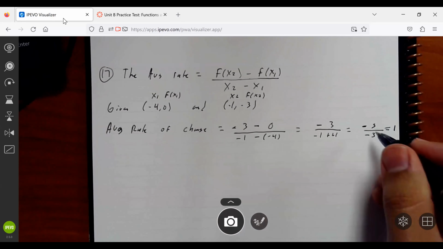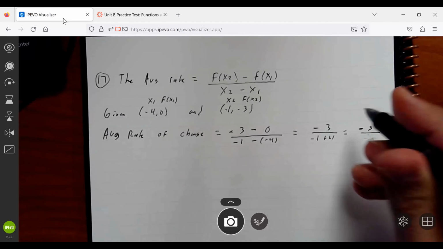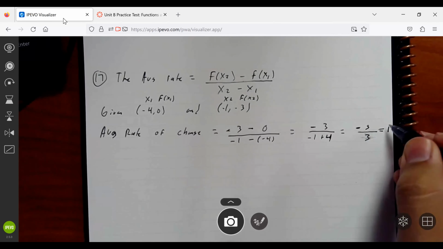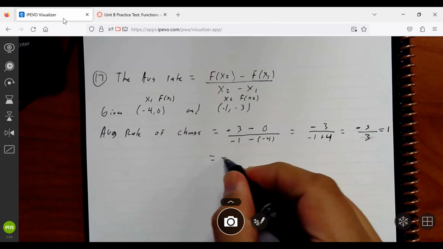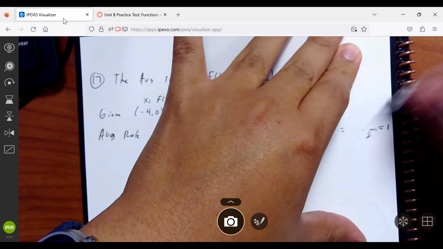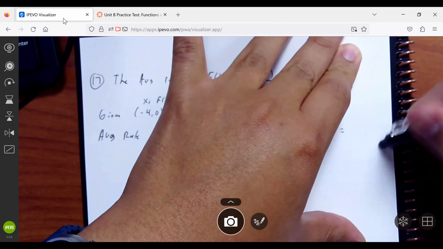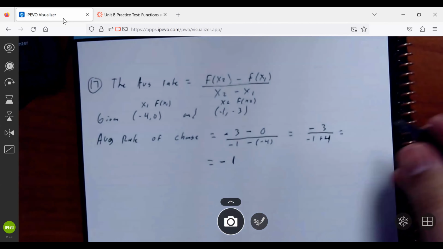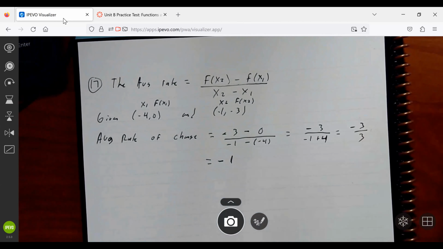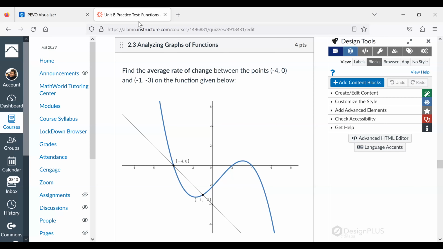Yes, you're right. Thank you. All right, so the slope, or the average rate, is -1, which makes sense, right?